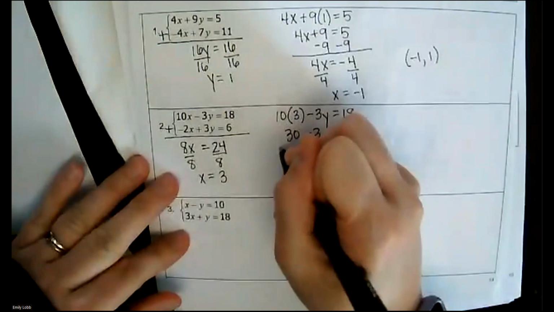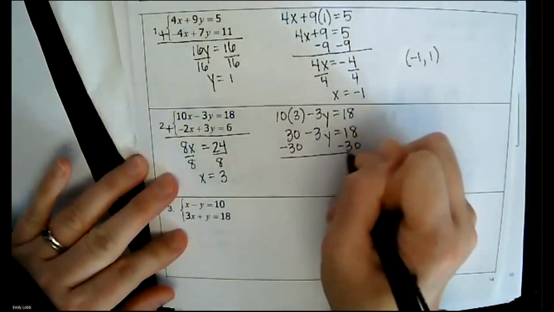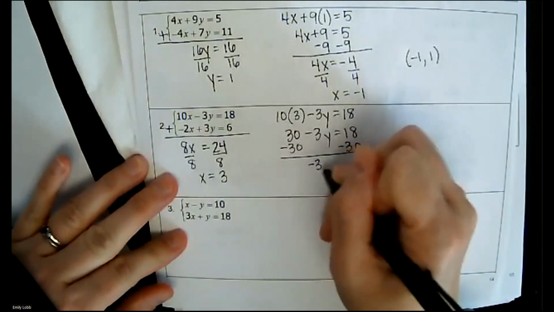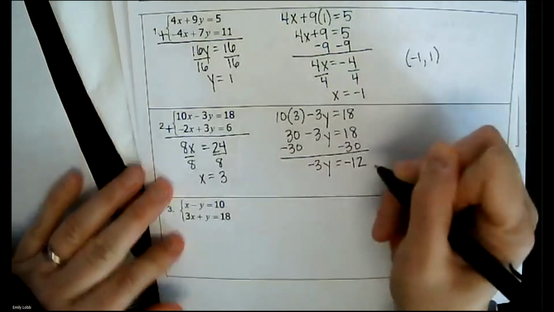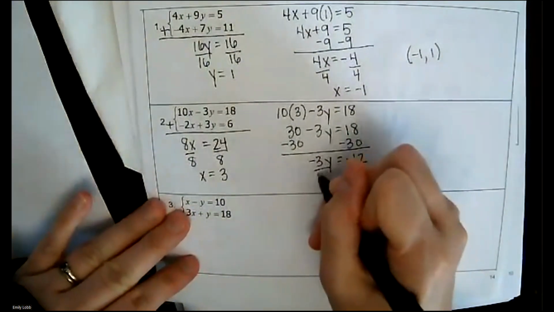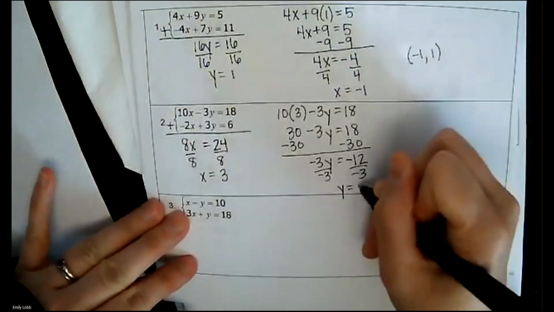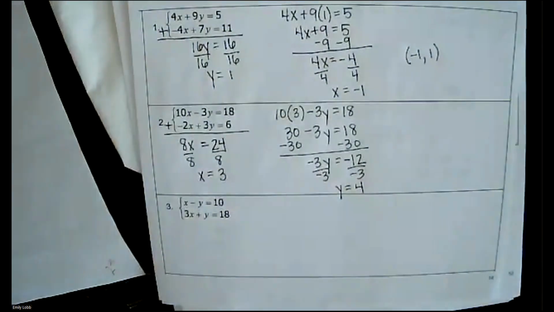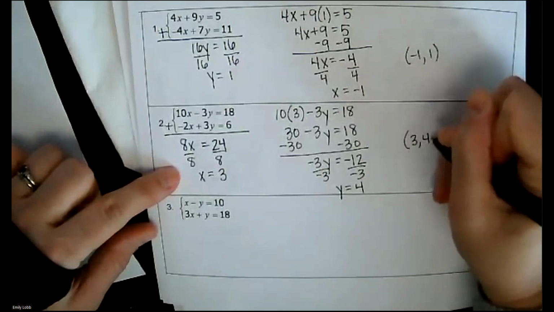If I subtract 30 from both sides, I'm left with negative 3y is equal to negative 12. When I divide both sides by negative 3, y is equal to 4. So this is the point 3, 4.